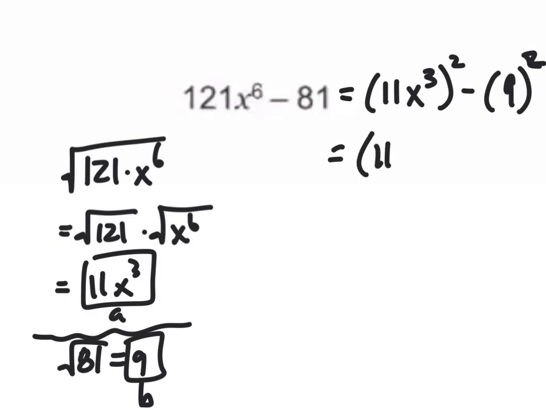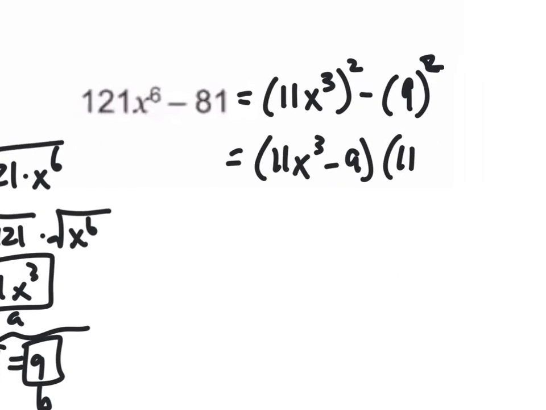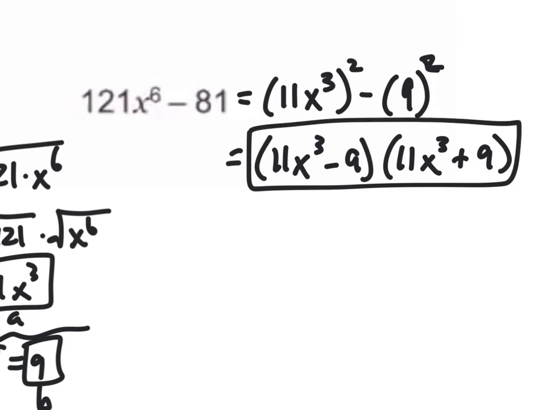And so I can say that this is 11x cubed minus 9 times 11x cubed plus 9. And that's it. The hard part is being able to rewrite it, going from this step to this step. But just take the square root of each of these terms and you're good to go.